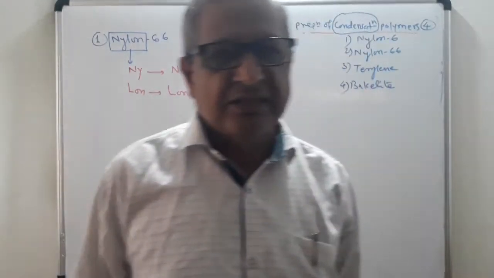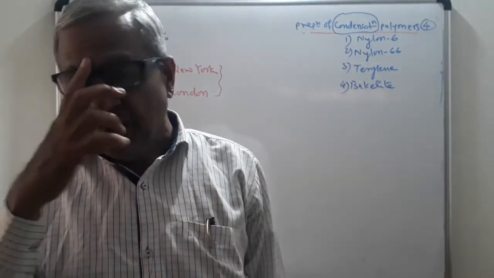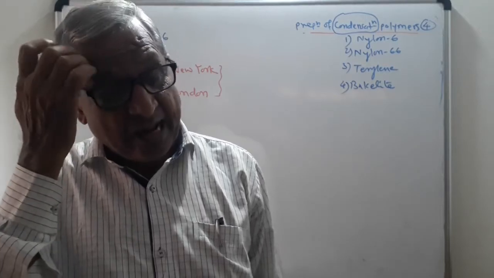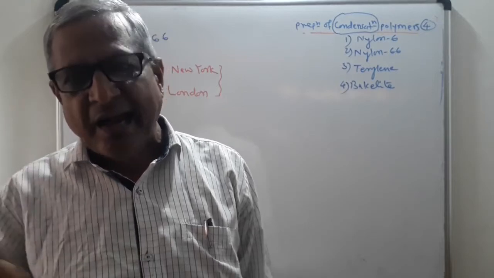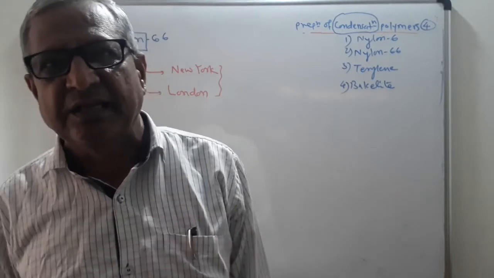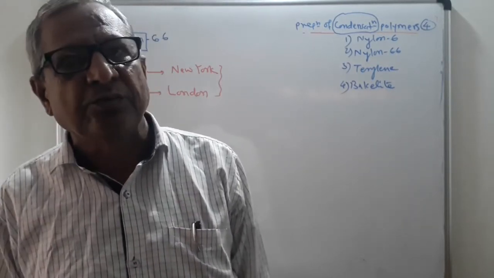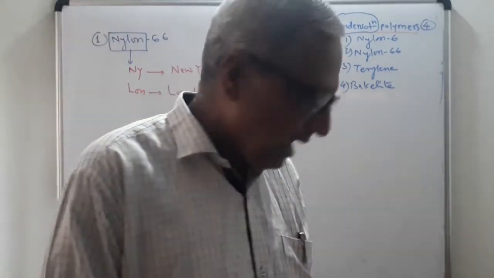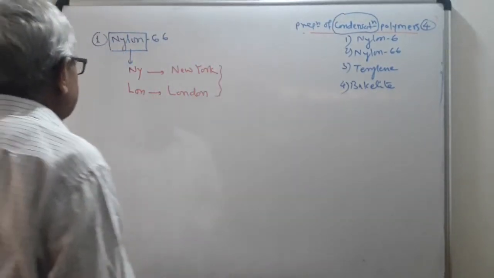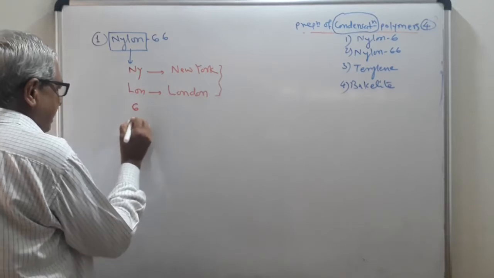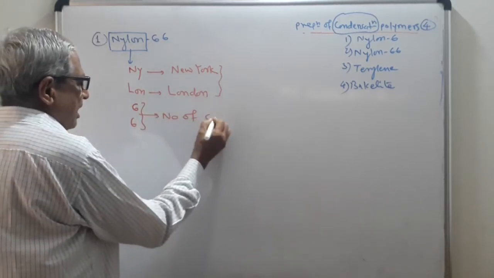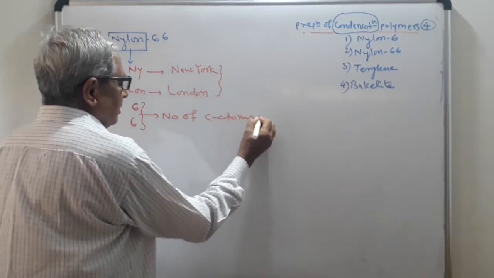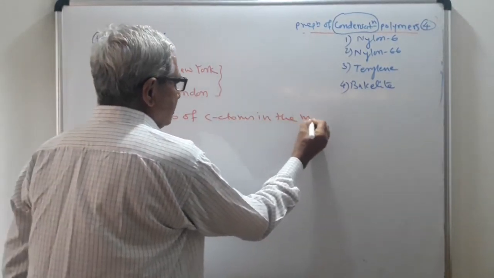Because the first time the discovery of the nylon thread was done in 2 cities, that is New York and London simultaneously, and hence the combination of the 2 terms was derived. Then the 6 and 6 indicates the number of carbon atoms in the monomers.